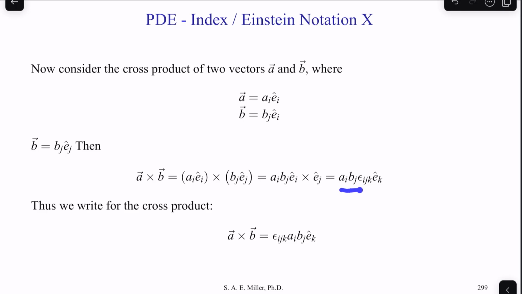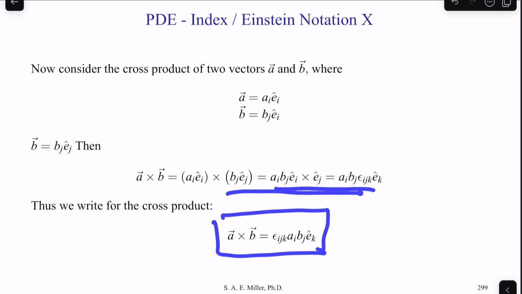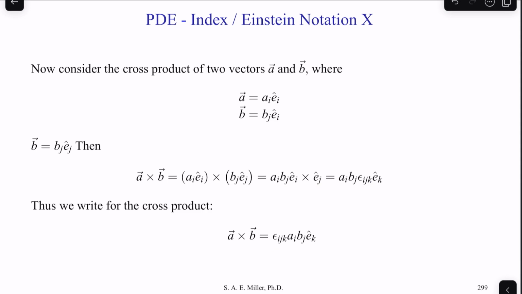Now, that will reduce to A_i B_j epsilon ijk e hat k. So we can write our cross products in this general definition. And it's a good exercise to try and expand this out to see if you can make the leap too. And you'll have to do that, of course, with a 3x3 determinant matrix.